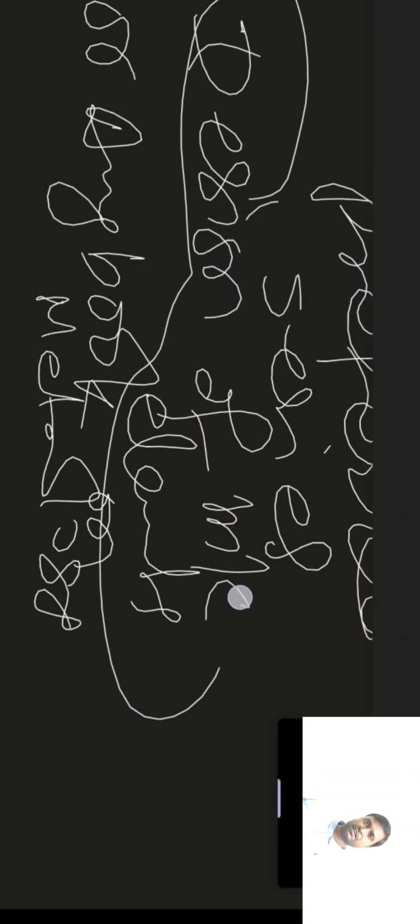It may not be available in all books of metrology, but it will surely be available in books on design of machine elements. So now we'll move back to the standard tolerances.